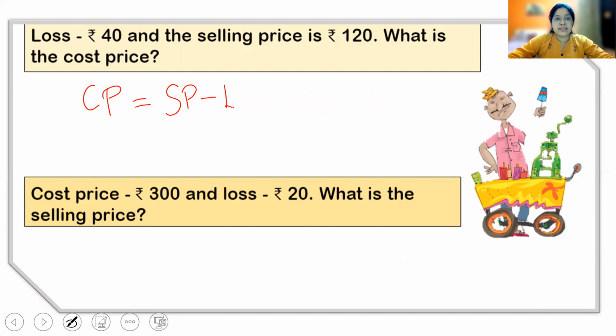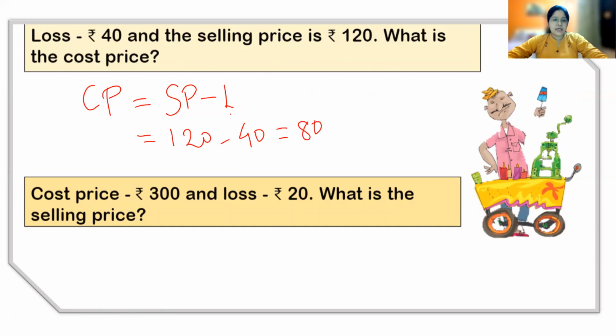You may please substitute the values, and this becomes 120 minus 40, which is equal to rupees 80.